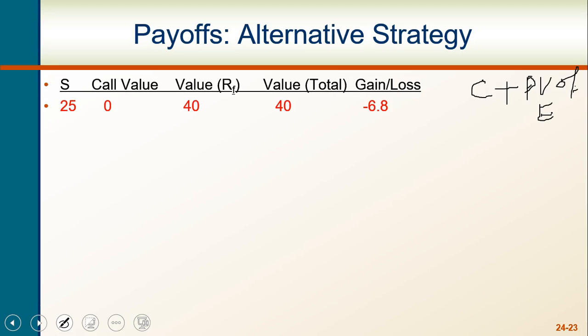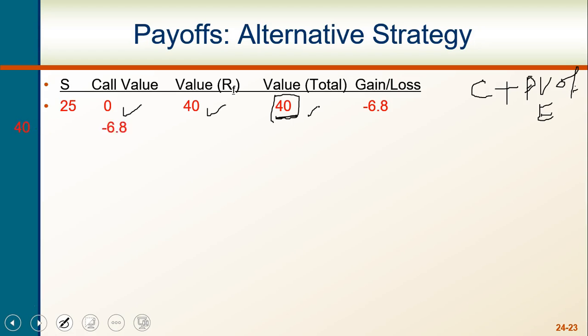So this item here is the sum total of this item and this item. So 0 plus 40 gives us 40. And if we had spent $46.80 to set up this strategy, the gain or loss would be minus 6.8, because 40 minus 46.8 would give you minus 6.8.